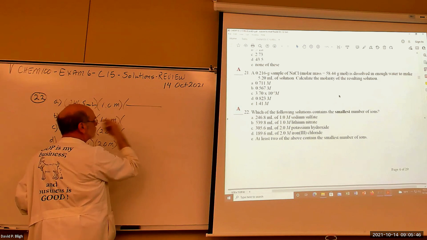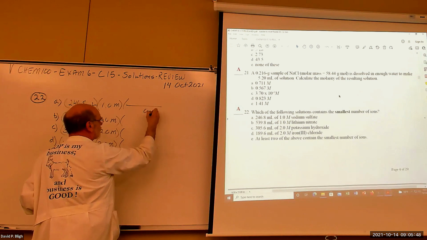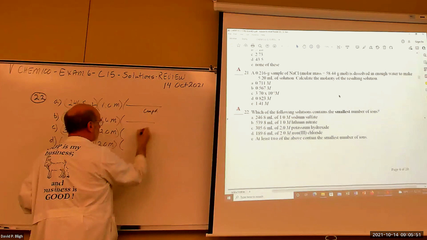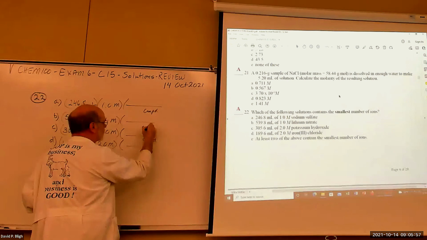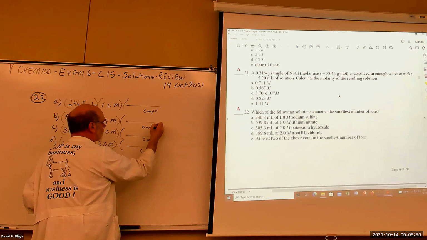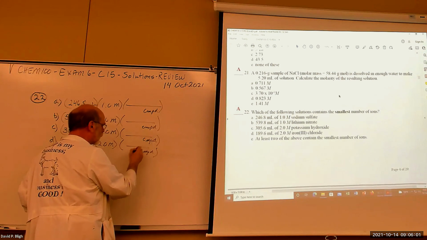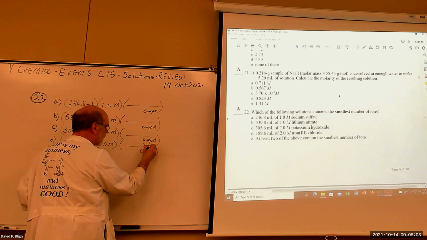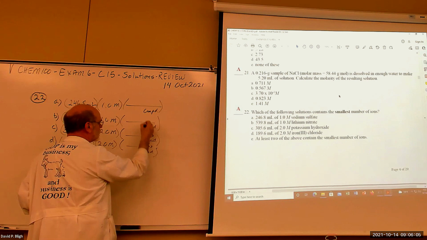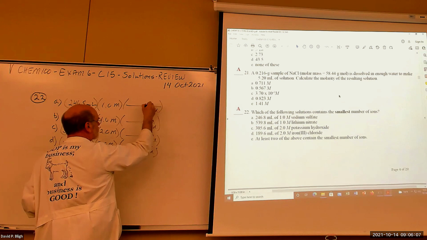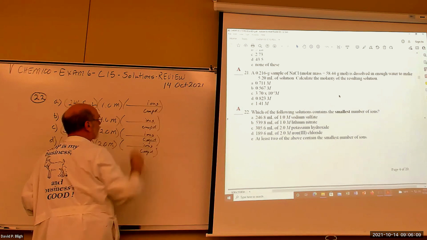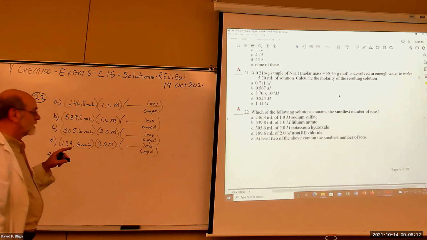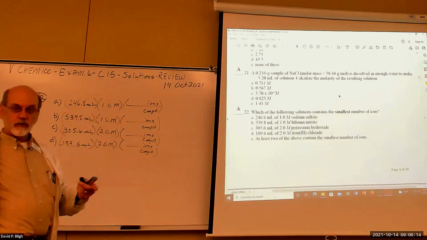But we want to cancel the compound and leave us with ions. So we need the relationship of number of ions to the moles of compound. And for that, we need to know the formula of each one.